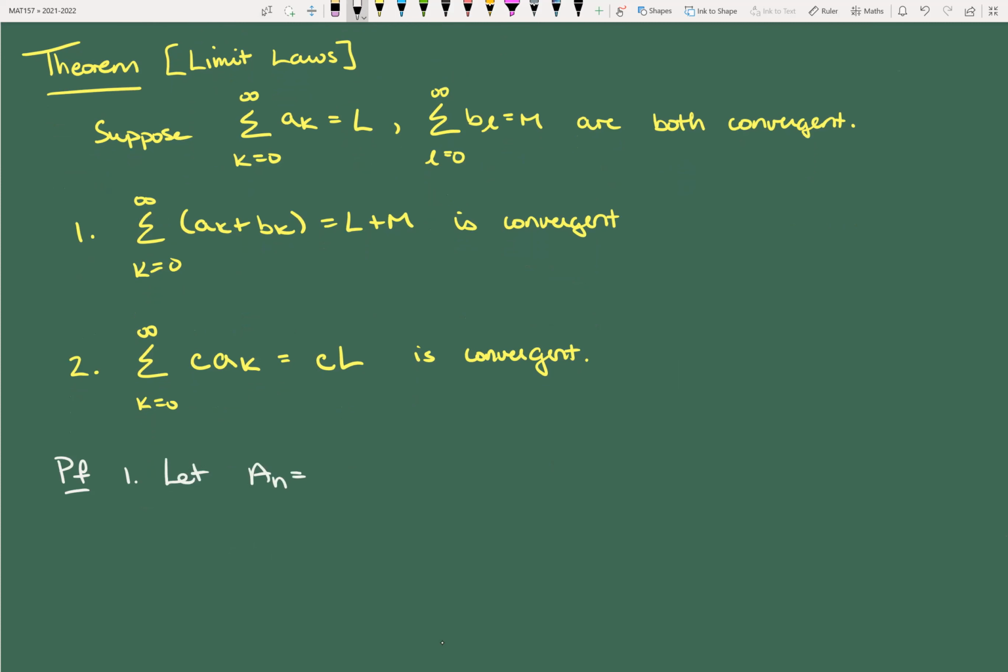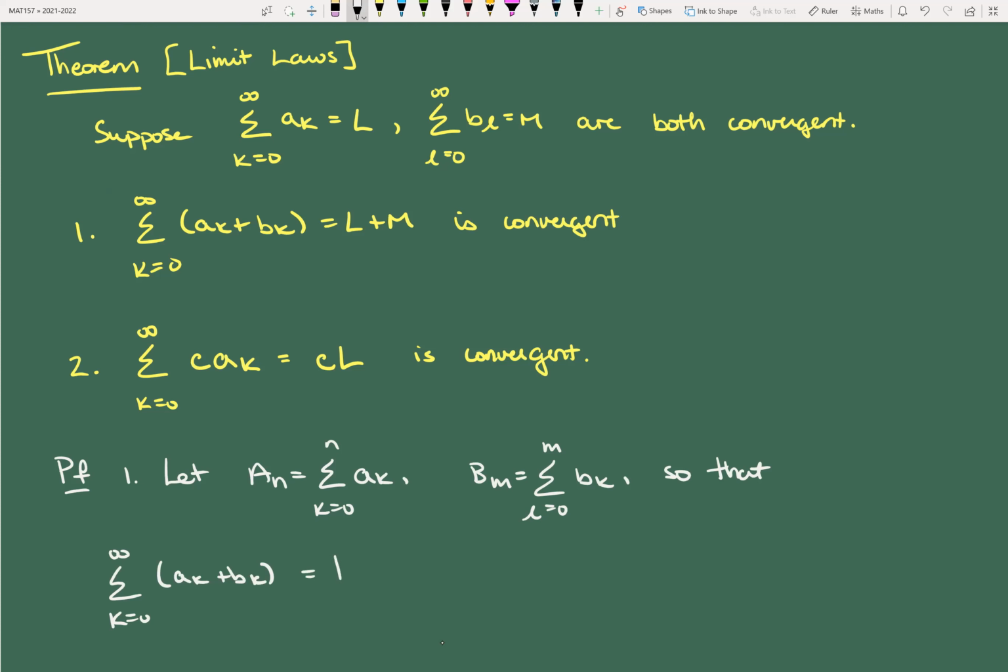So let's let A_n be the sum from k equals 0 to n of AK, and B_n the sum of BK, so that the sum from k equals 0 to infinity of AK plus BK is the limit as n goes to infinity of the sum from 0 to n of AK plus BK.